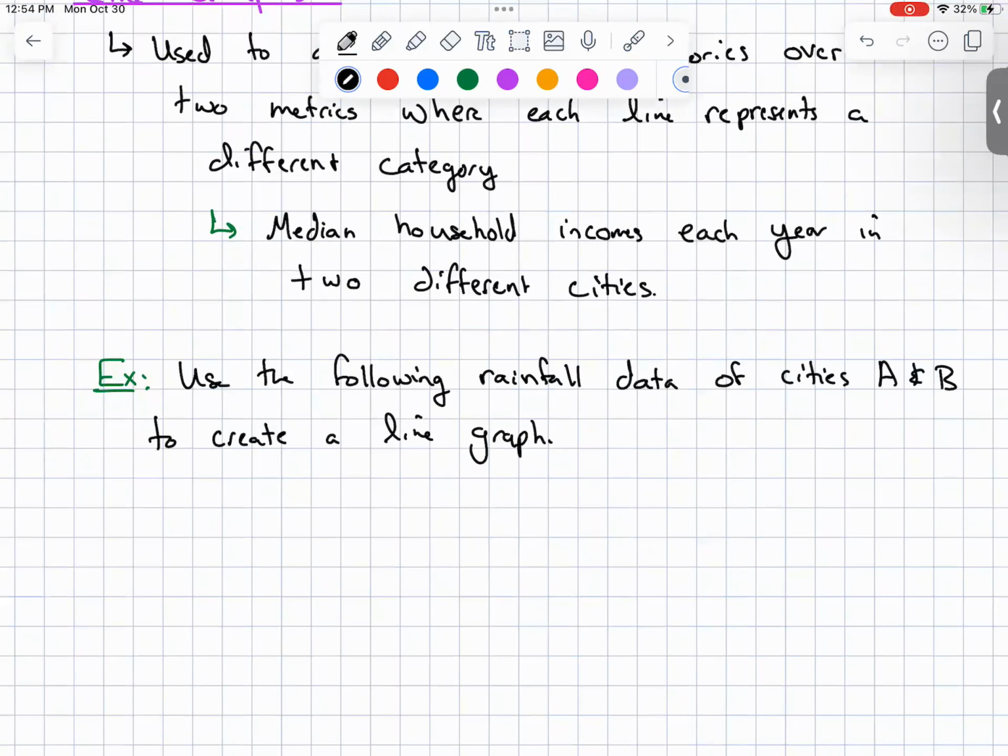So we're going to make a chart here. It's the year, and then city A rainfall, and then city B rainfall.